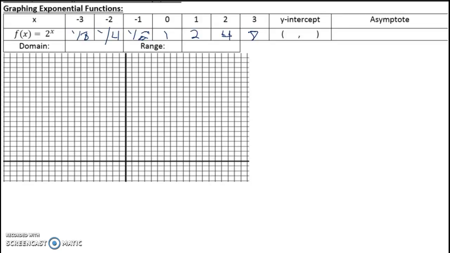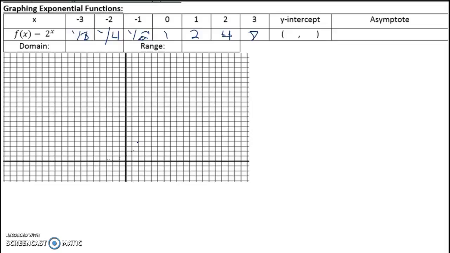So if I'm at -3, I'm really close to that x-axis. If I'm at -2, I'm really close. If I'm at -1, I'm at 1/2. If I'm at 0, I'm at 1. If I'm at 1, I'm at 2. Sorry, I know that's not showing hardly at all. Anytime I try to draw a dot, it wigs out.